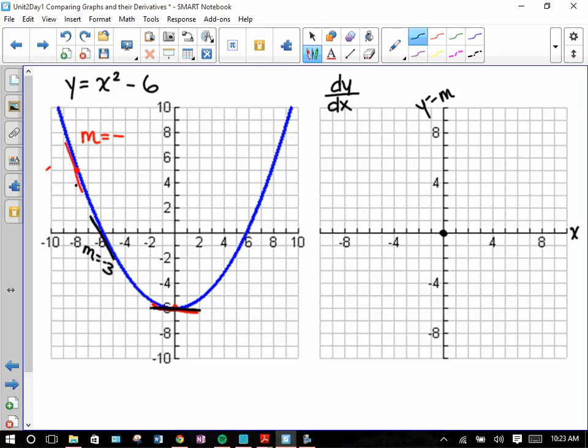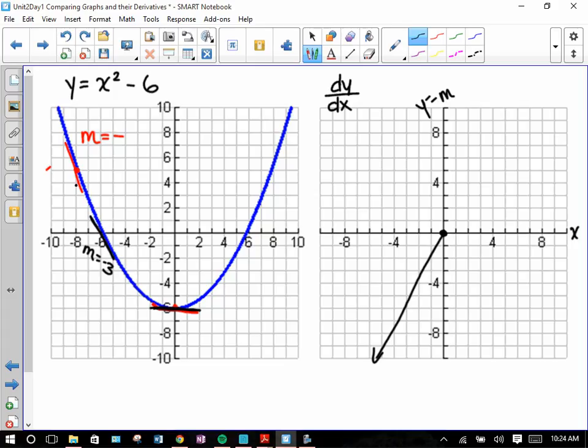So it's just going to be something like that. Because if you look at it, let's say right here we have -5. At -5, the slope of this function is more negative than at -3. So -3 is the y value to the top.